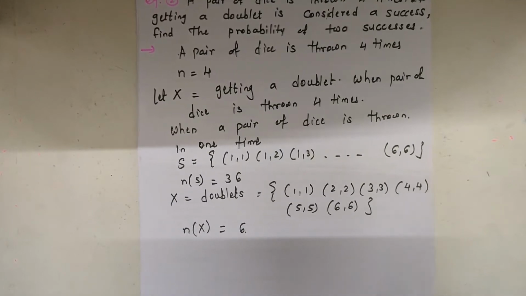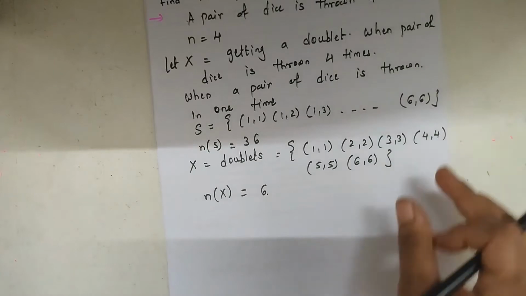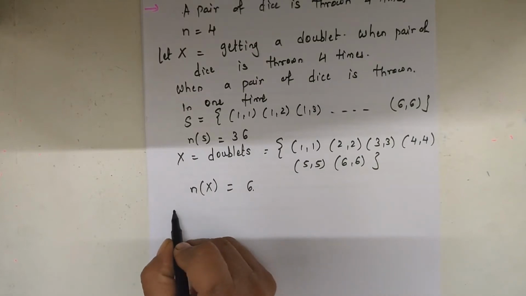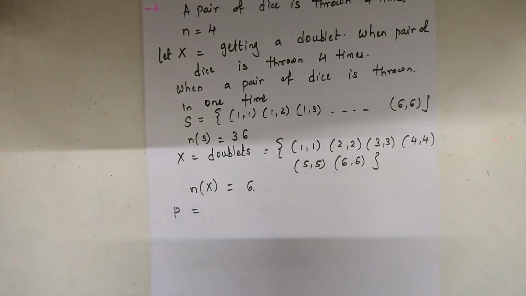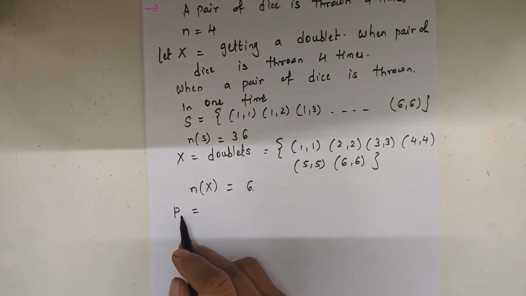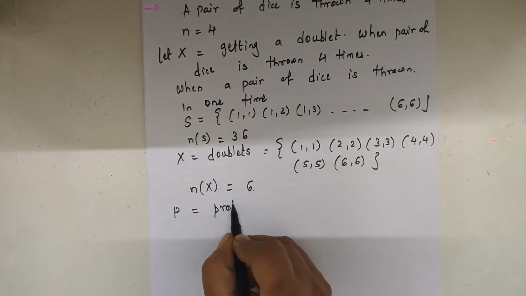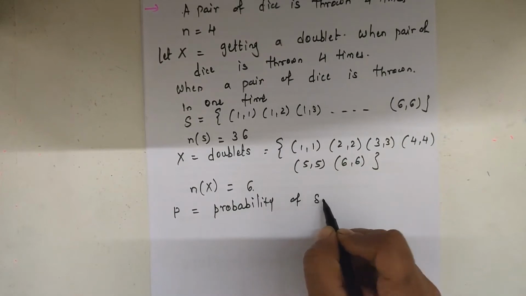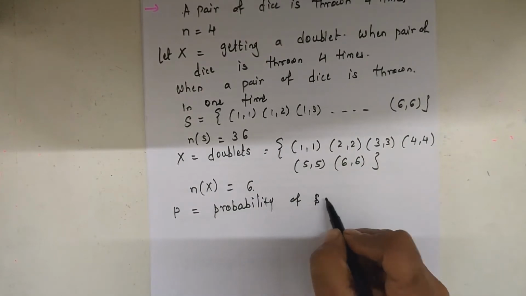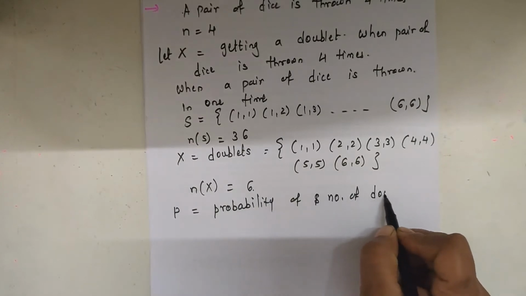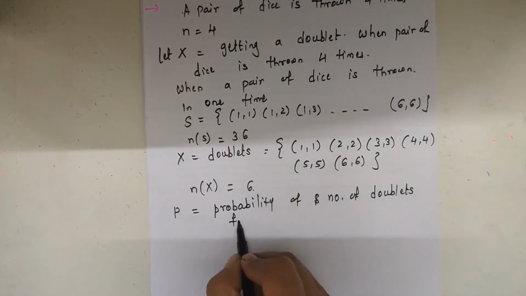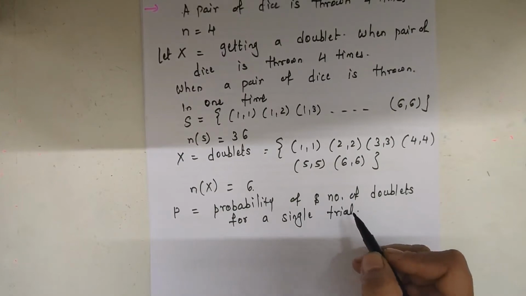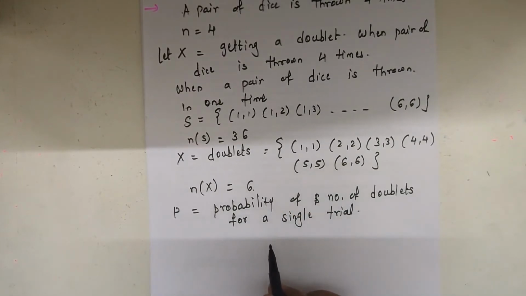Now we have to consider the probability of a doublet for a single trial, which is denoted by P. Here a single trial is a pair of dice thrown one time.